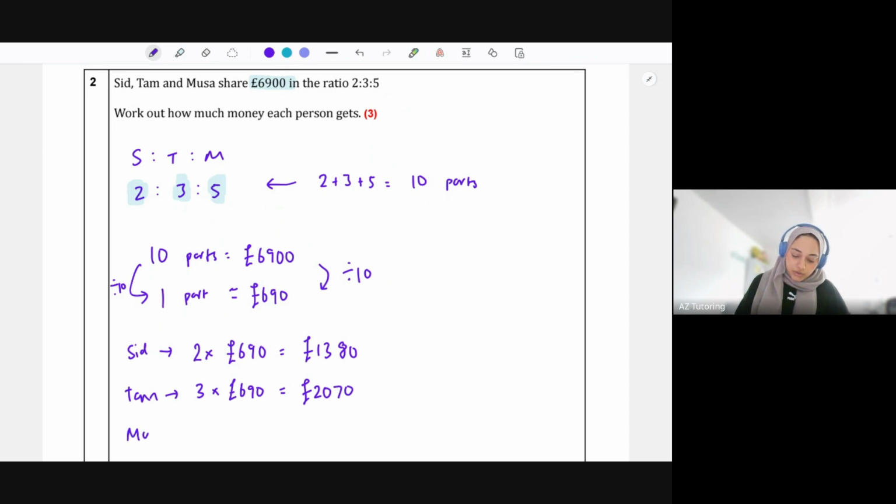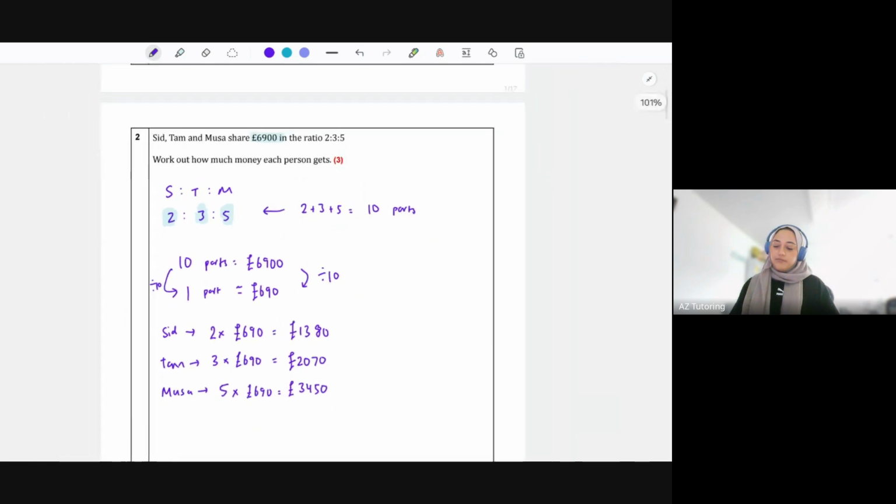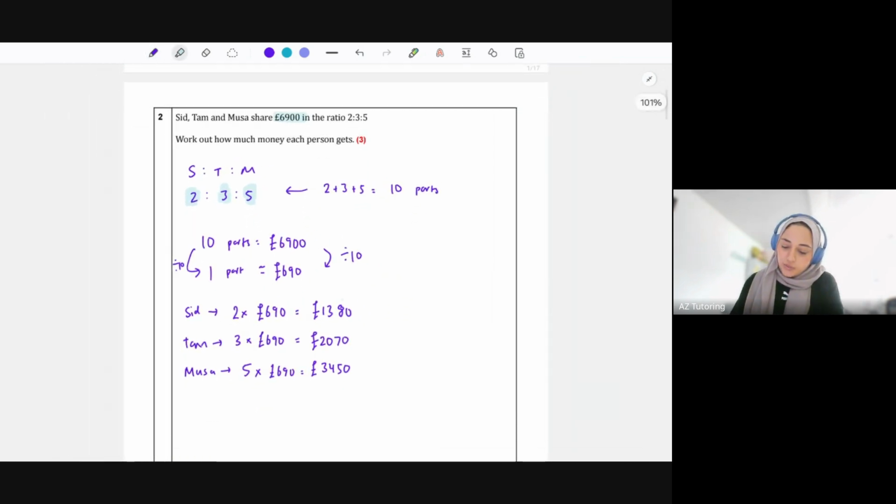And then finally for Musa, he's got 5 parts, so 5 times £690 is £3,450. So there are 3 answers. We've just worked out how much money each person gets, and that was for 3 marks.